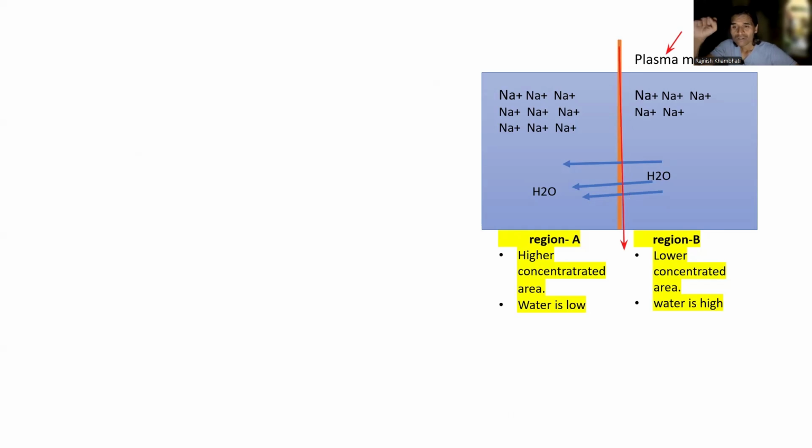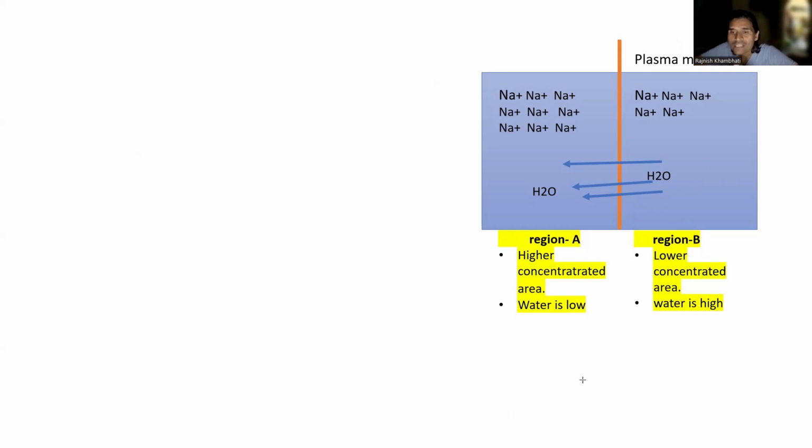water will move from its higher concentration to its lower concentration. Now, remember where water is high and where water is low. Water is high in region B and water is low in region A. That is why water will move from region B to region A. Why did this happen?